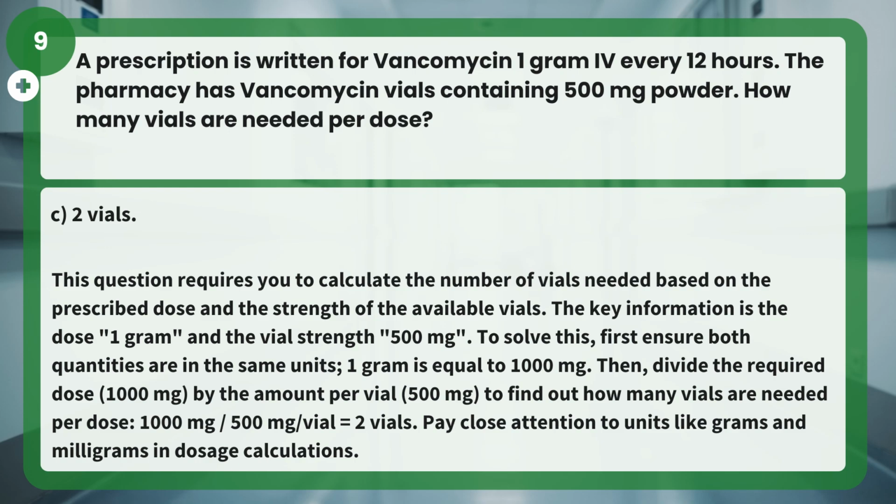Then, divide the required dose, 1000 milligrams, by the amount per vial, 500 milligrams, to find out how many vials are needed per dose. 1000 milligrams / 500 milligrams per vial equals 2 vials. Pay close attention to units like grams and milligrams in dosage calculations.